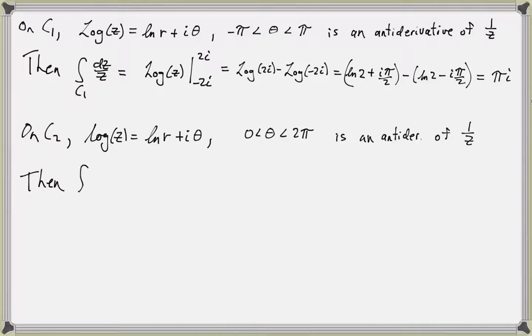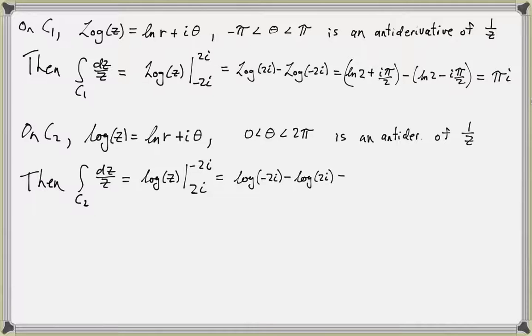The integral over C2 of 1 over z is equal to this log function evaluated at the starting and stopping points again. This contour starts up at 2i and goes down to negative 2i. So we get log of minus 2i minus log of 2i.